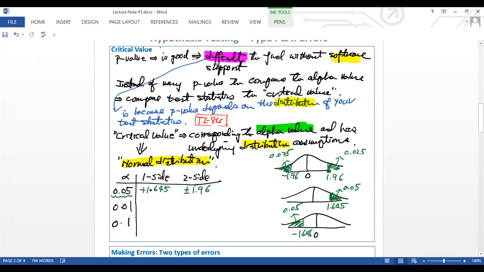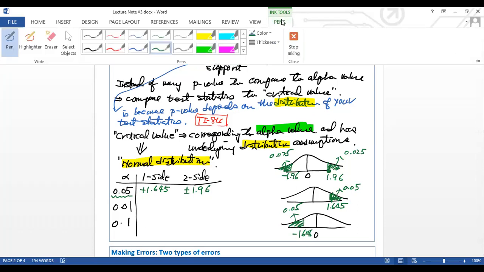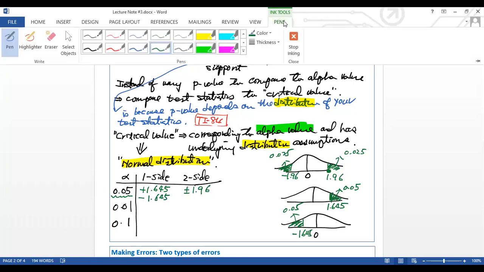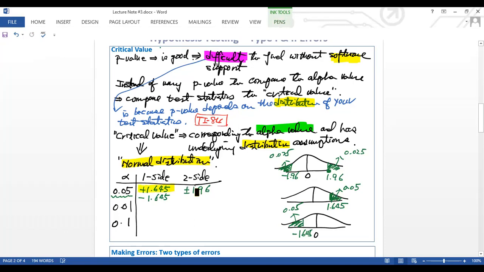So this will be plus and minus 1.645. I'm going to color code that so we're not confused: yellow will be the right-hand side, and negative will be the left-hand side. So these are the critical values.